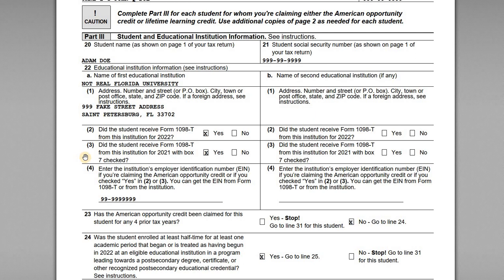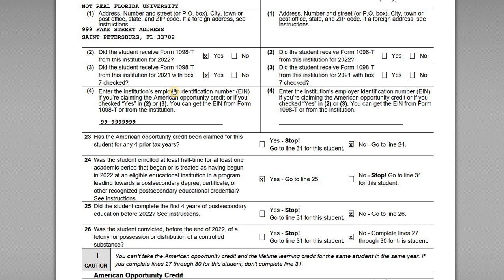Answer is yes. And then question 3, it's asking, did we receive a 1098-T for 2021 with Box 7 checked, right? And we're also saying yes for Adam. Again, that's because a portion of that 2022 spring semester cost was paid in 2021, and so those amounts are reported in the prior year, and don't apply to this year.